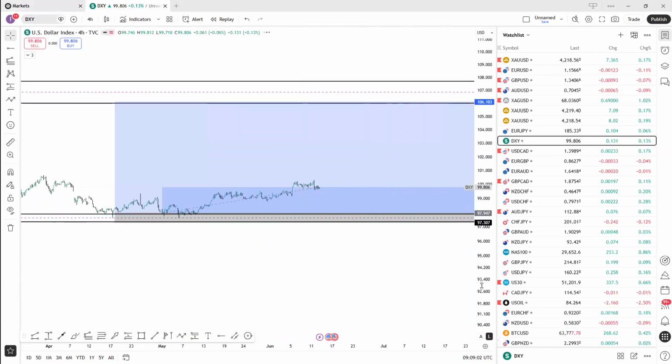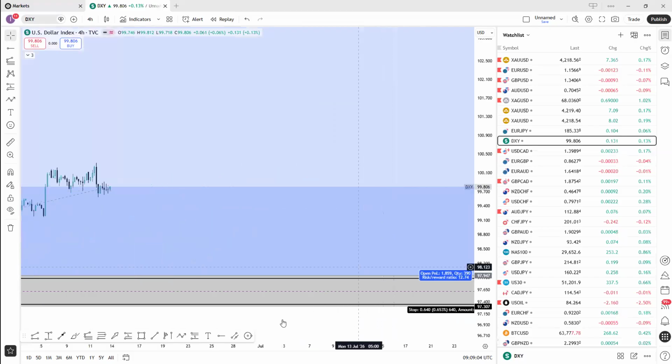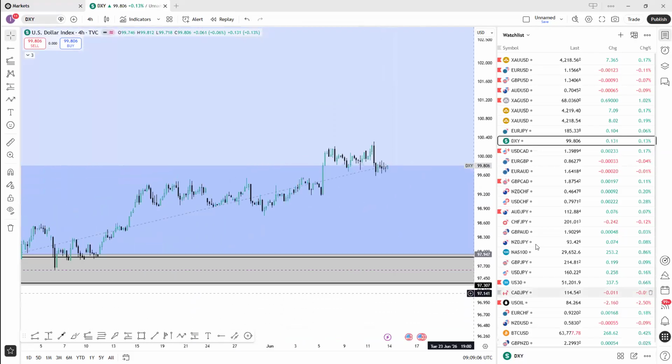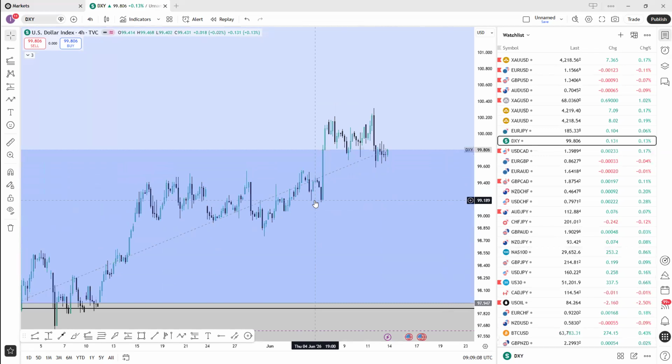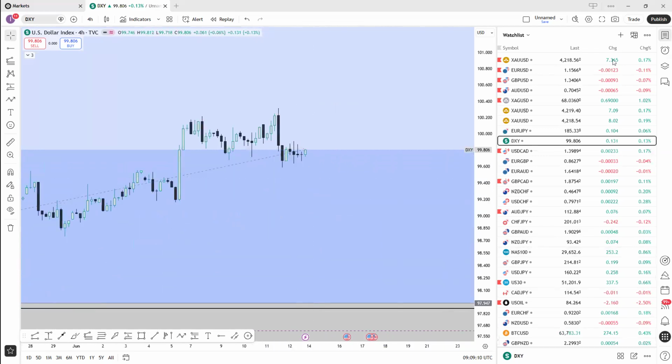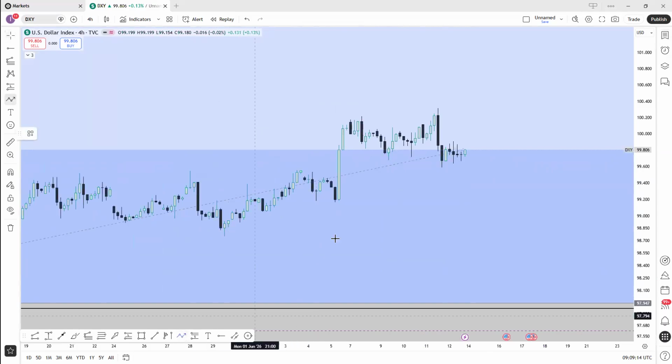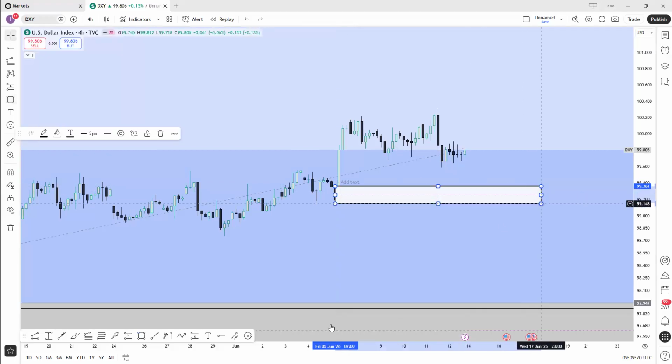Okay, can shift to 4-hour DXY. DXY on 4-hour time frame we have this market structure. So expect next week it will create the pullback after that impulsive move. DXY will create a pullback to this 4-hour demand. So we have unmitigated demand there.